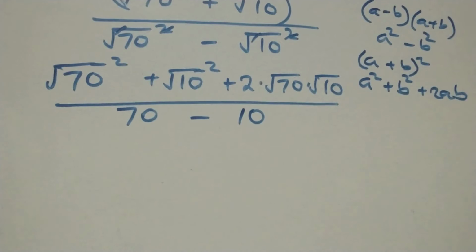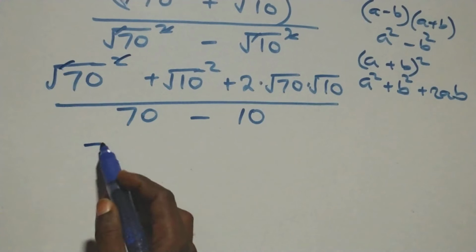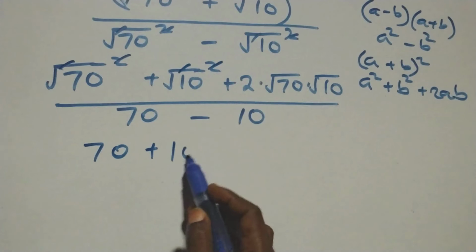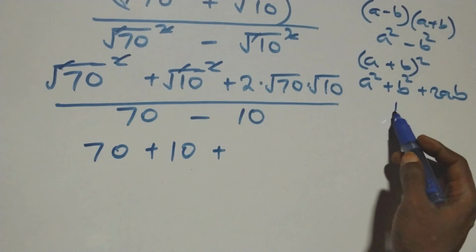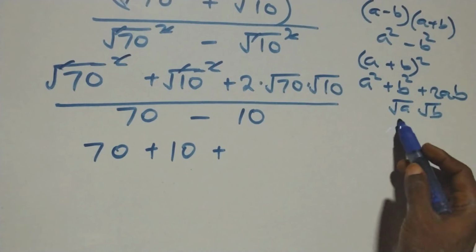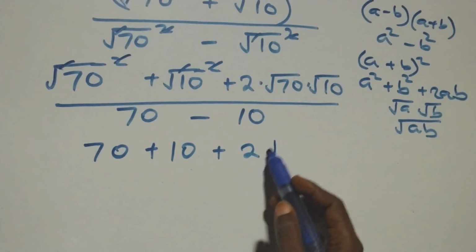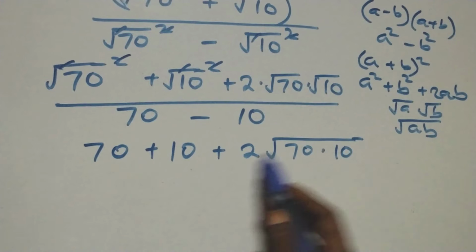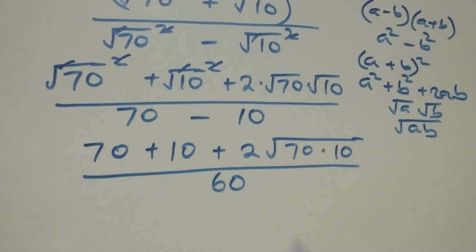Then from here, root 70 squared, square and square root cancel, we have 70 plus, square also cancels square root 10, then plus, here we can reverse this when we have root a times root b. We can bring it together as root a times b. Here also we have 2 times root 70 times 10, which is divided by 70 minus 10, that's 60.